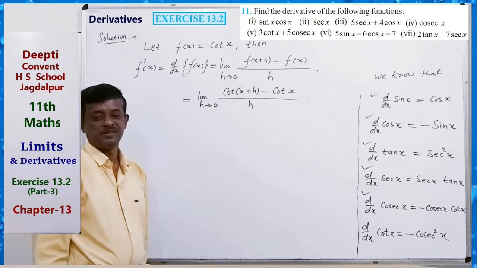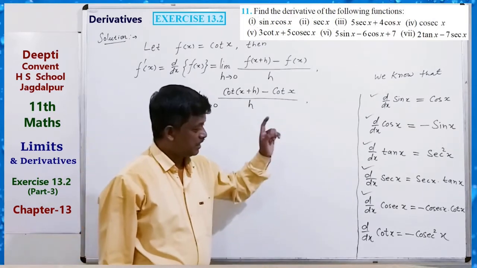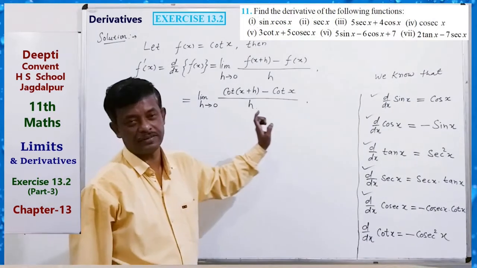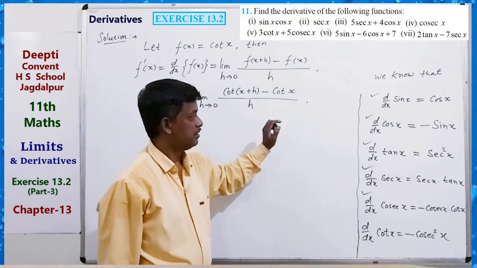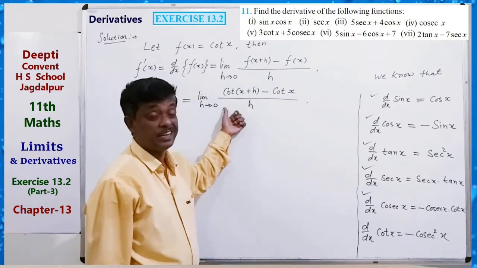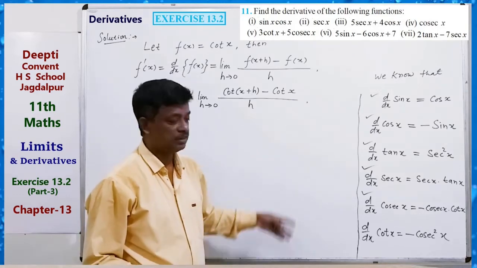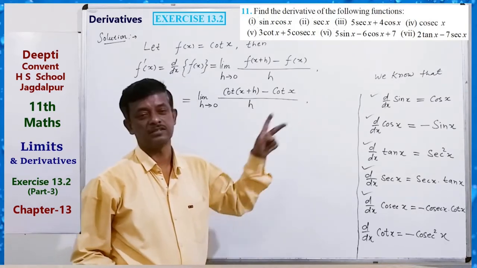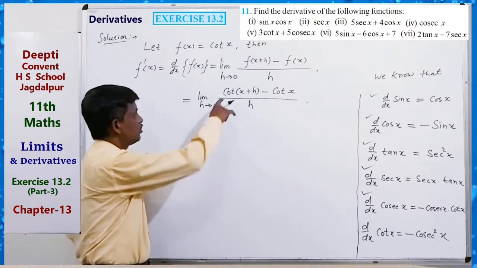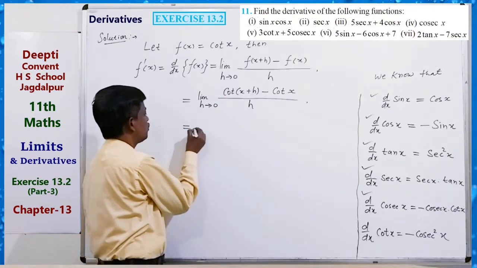Clear? So we know for finding derivatives by using limits, we have to convert any of the trigonometric ratios in terms of either sine or cos. So here cot can be written as cos by sine.